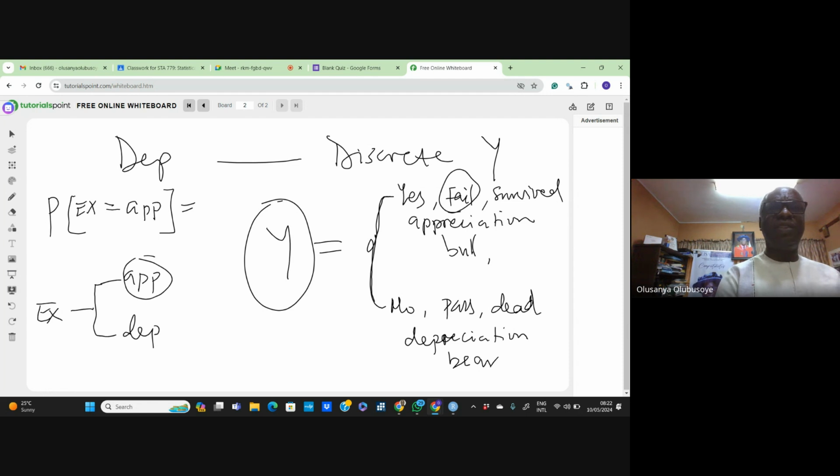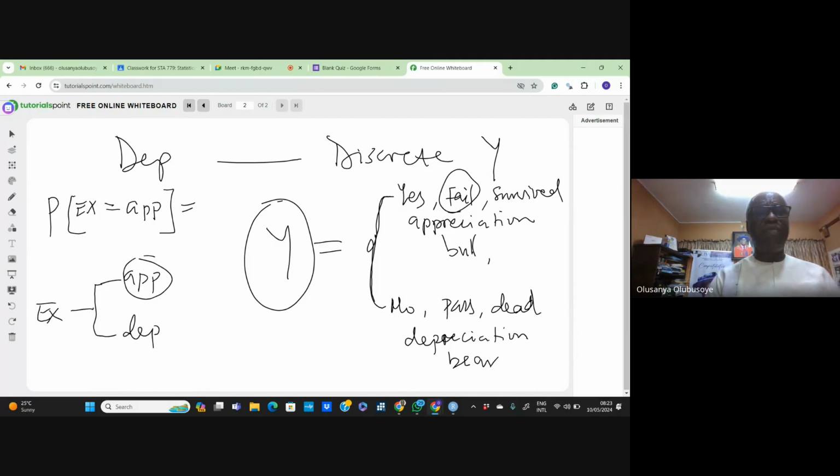That probability, as you know, lies between 0 and 1. You expect that the probability of the exchange rate appreciating plus the probability of it depreciating, since they are mutually exclusive, have to add up to 1.